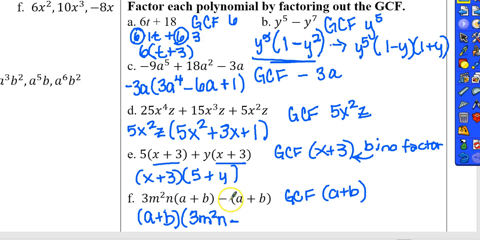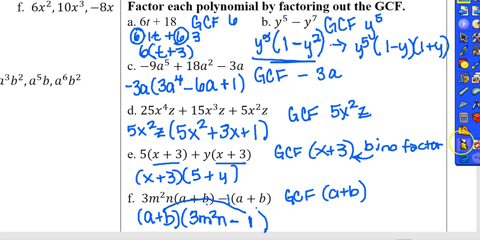What's the number in front of this group? I want to be able to get back to this. So I multiply that times that to get this one. What am I multiplying the a plus b times to get back to this minus a plus b? Negative 1. And there it is. So if you weren't seeing that negative 1, you might want to drop it in there so that you remember it. Okay, so that's factoring out GCF, even if your factor is not a monomial, but a binomial, which is important for the next section.